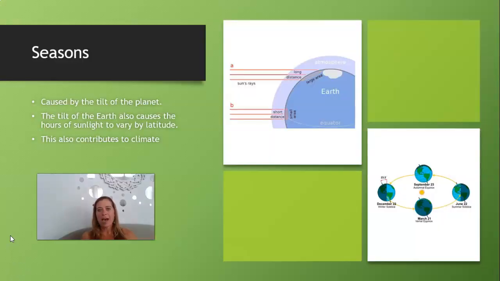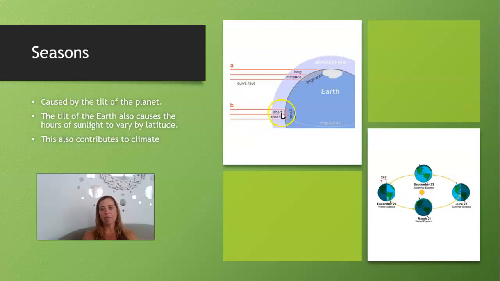So just a quick throwback into something that we talked about in last lecture: because of the tilt of the planet and because of the differential heating from the sun's rays, we're going to have some variations in heat and temperature in different parts of the planet. And so here you can see that there's the differential heating.